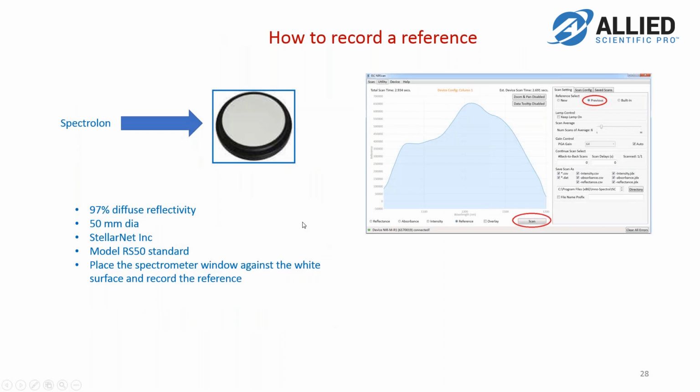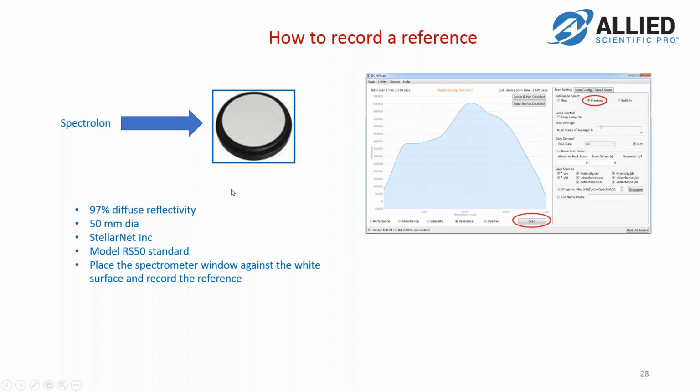All right, if you remember in one of the earlier slides, I said if you want to change any of the parameters like averaging or gain or the scan mode, you have to record your own reference. So how do you record your own reference? You have to have a highly diffused surface like Spectralon.